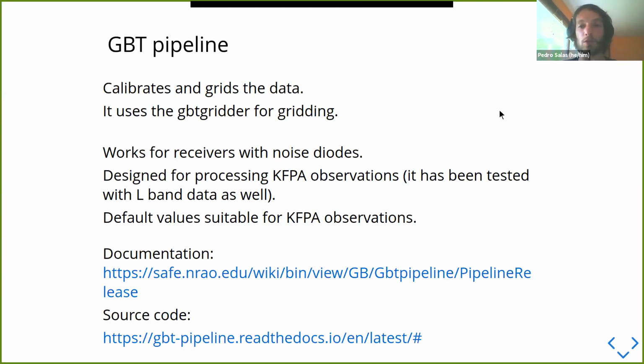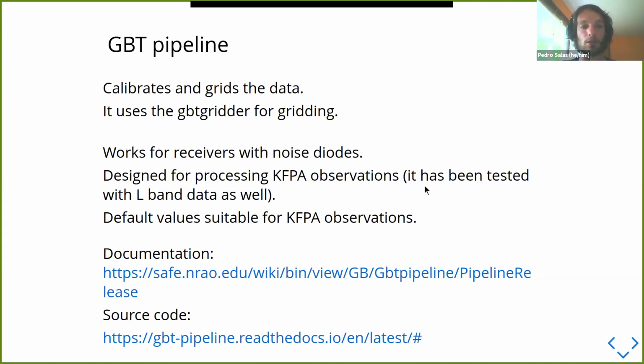It works with most of the receivers for the GBT, particularly the ones which have noise diodes. And even though it was designed to process KFPA observations, so a multi-beam receiver with variable noise diodes, it also works with L-band data, C-band data, and some others.